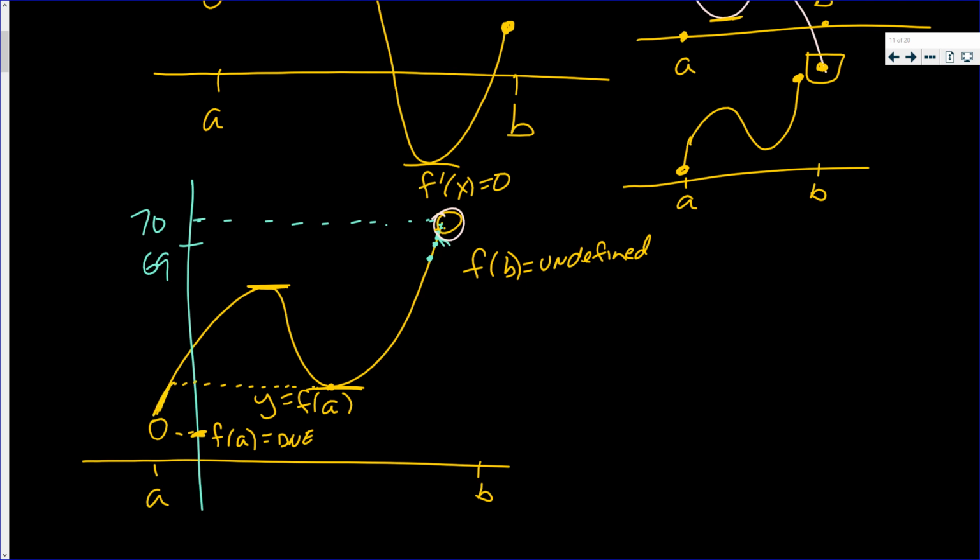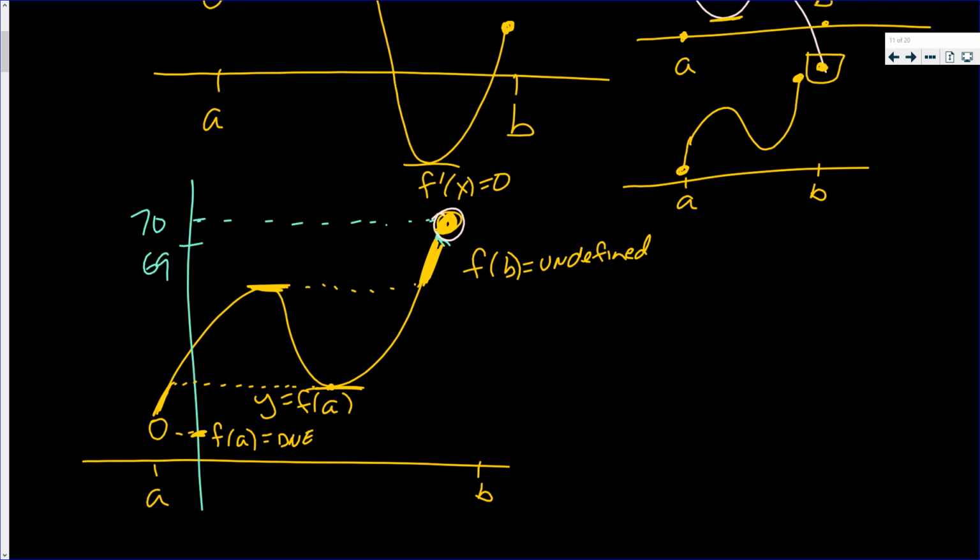All of these points are lower. All of these points are higher. All of them are higher than this one. Okay? This one would have no max or min. If I filled this in, it'd have a max, but not a min.